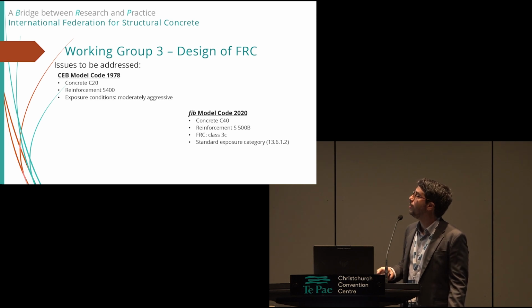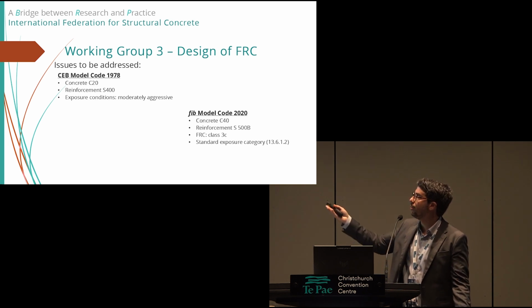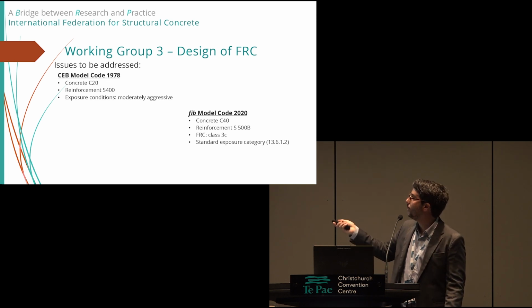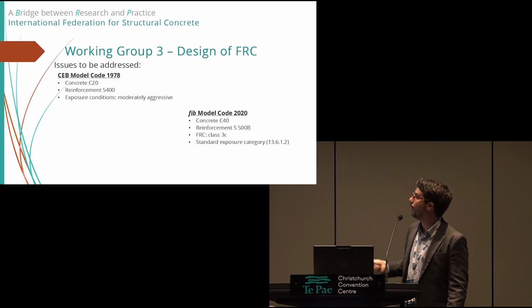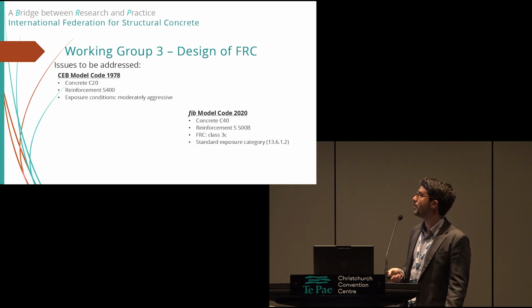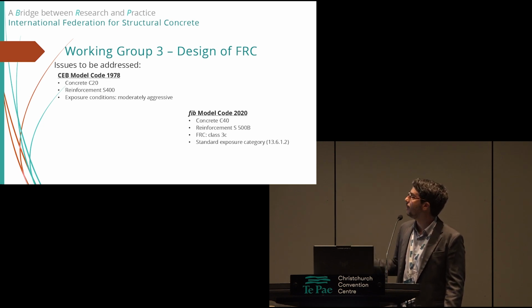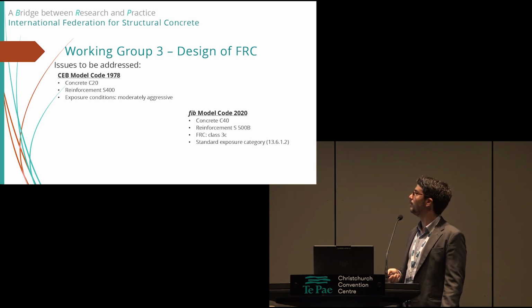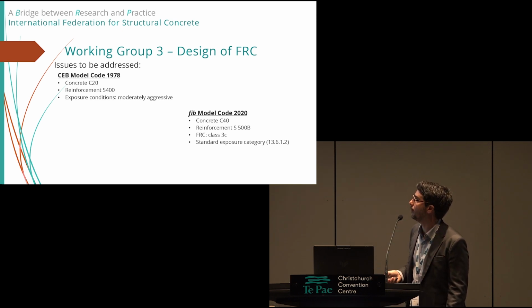The issues to be addressed in the model code: they use old materials that are not used anymore. So in this case, they will do with the model code concrete with 40 megapascals, reinforcement with 500 megapascals, and FRC class 3C, and also a different exposure category.